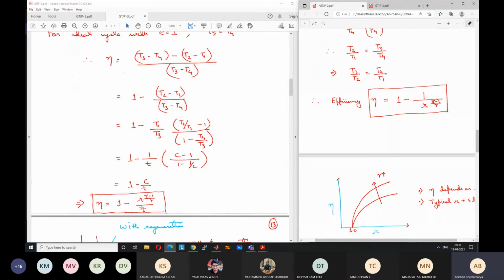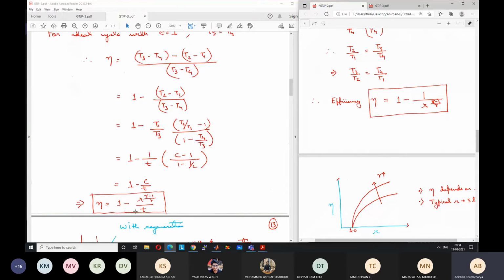So if the value of T increases, this negative term will decrease. So 1 minus the negative term will increase, so efficiency will increase. So by increasing T, we can increase the efficiency. Second is that here you could not increase the efficiency by increasing T. Efficiency was fixed. It was independent of T. But for regeneration, we can increase the efficiency by increasing T. If we increase the value of R, strangely, this negative term value will increase.